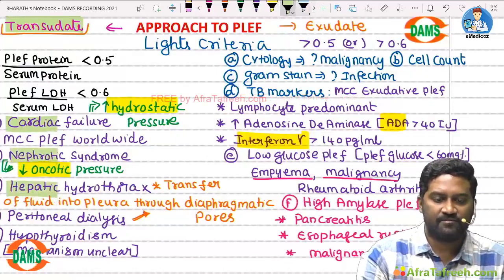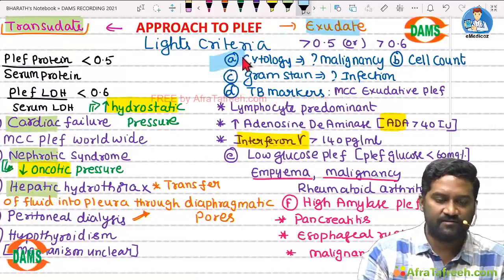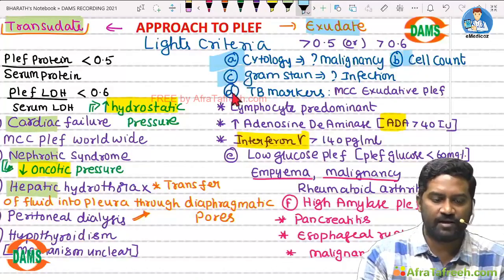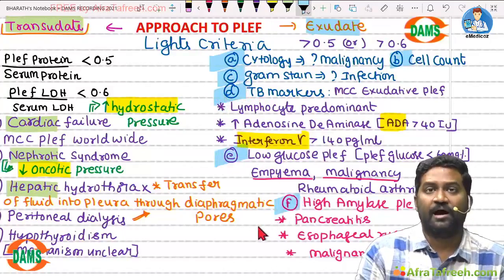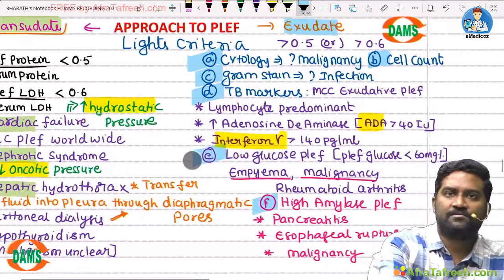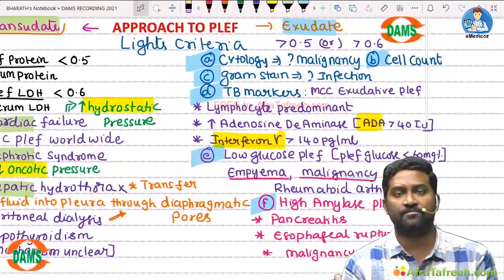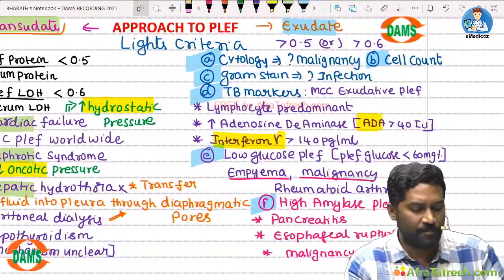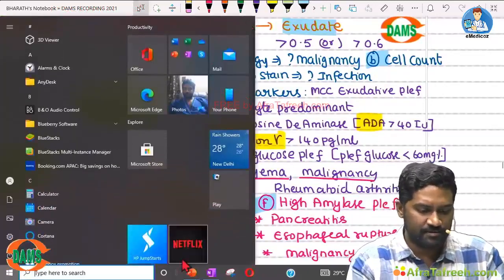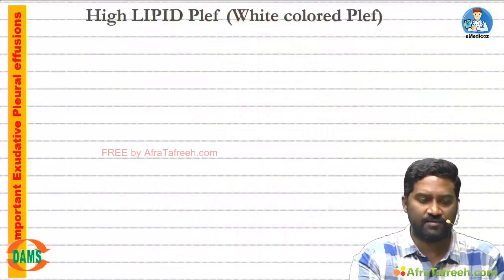If it is exudate, you need to send various investigations: cytology, cell count, gram staining, TB markers, low glucose pleural effusions, high amylase pleural effusion. By going through all these investigations, you can come to the diagnosis. Once you treat the diagnosis, the pleural effusion can also be managed ultimately. So this is the algorithm to approach pleural effusion.